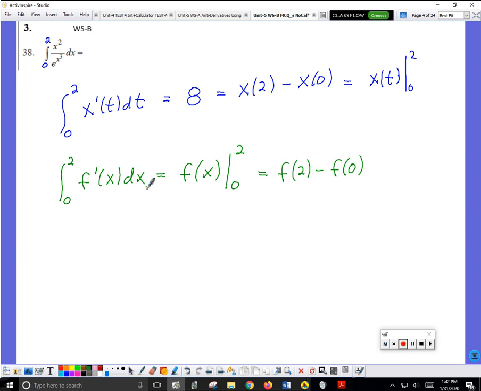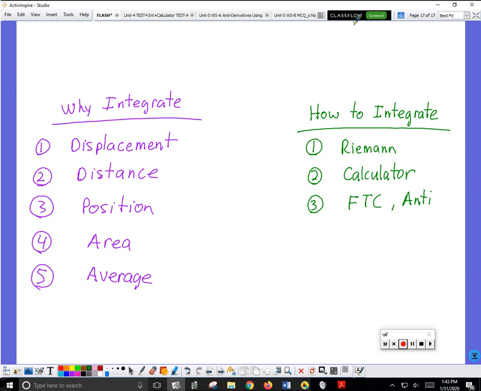Question? So you have a flashcard. You need to add something to that flashcard. The flashcard says, why are we integrating? Well, we've learned all these different reasons why. And then the flashcard says, I got to know how to compute the integral. Sometimes they'll say do a Riemann sum. Sometimes you're allowed to use your calculator.